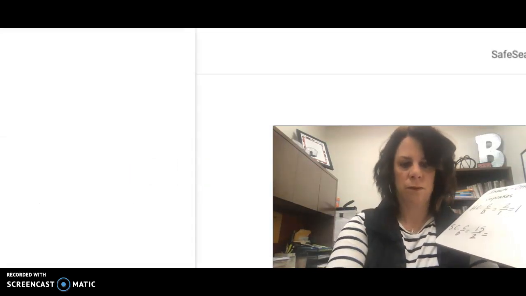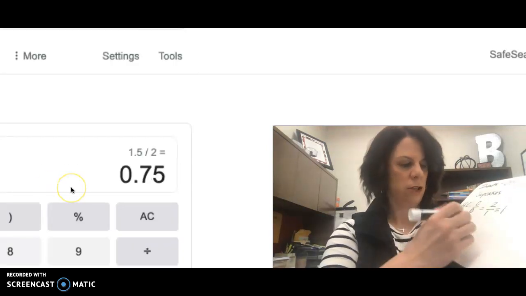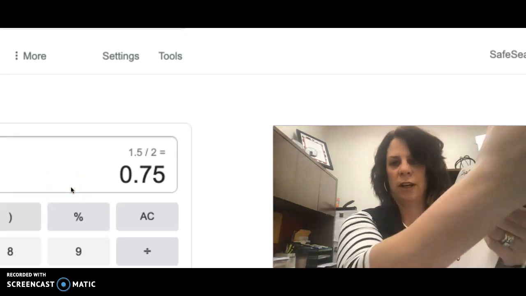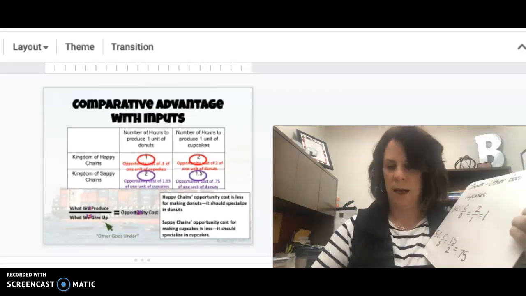Do that calculation, 0.75, and sure enough, it's the other country that has the comparative advantage in cupcakes.